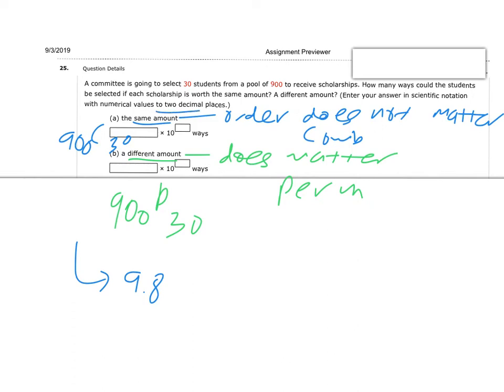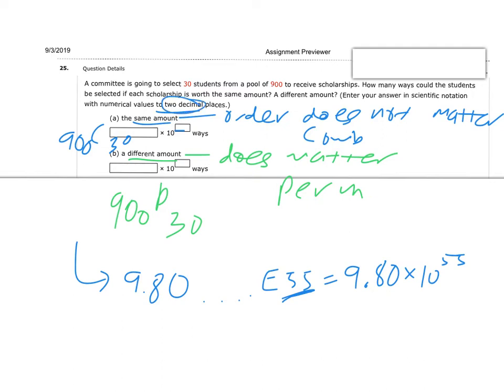So I'm going to say 9.80, and then there's a bunch more decimals here, and then it says E55. What that E55 really means is the scientific notation. So this is 9.80 times 10 to the 55th power. So you can put that right there, and you do have to put the 9.80 because it specifically says 2 decimal places.